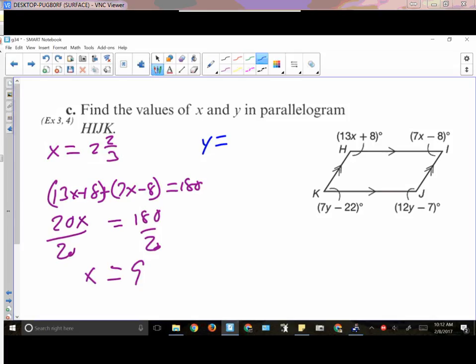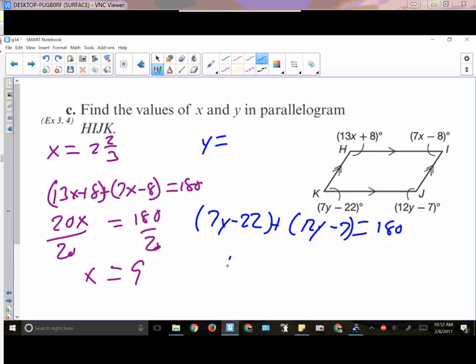Glad somebody's paying attention. So, oh, yeah, somebody's got to pay attention. So that would be 7y minus 22 plus 12y minus 7 is equal to, oops, 180. So that means 15, no, not 15, 19.